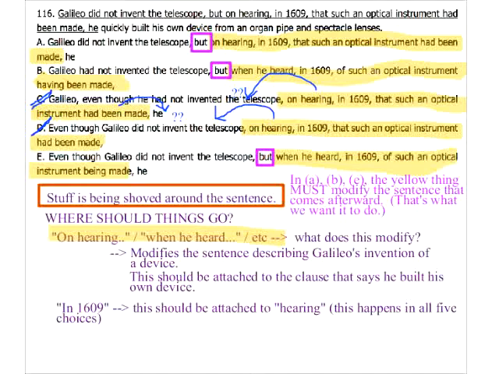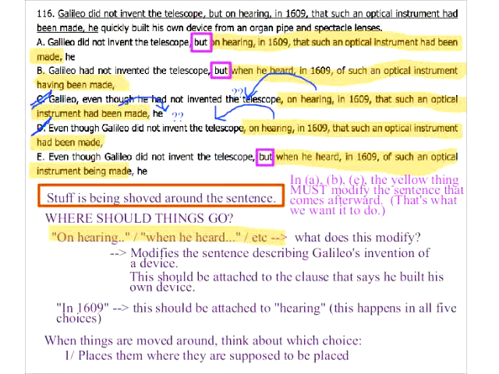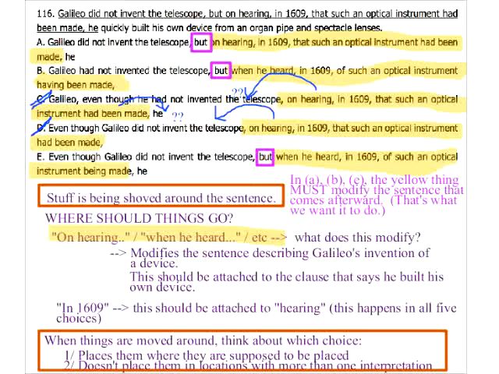When things are moved around, think about which choice first places them where they are supposed to be placed, but also on top of that, doesn't place them in locations with more than one interpretation. So that's the point. You want to make it so that it actually modifies the right thing and so that it's clear that it actually modifies that. So there you go.